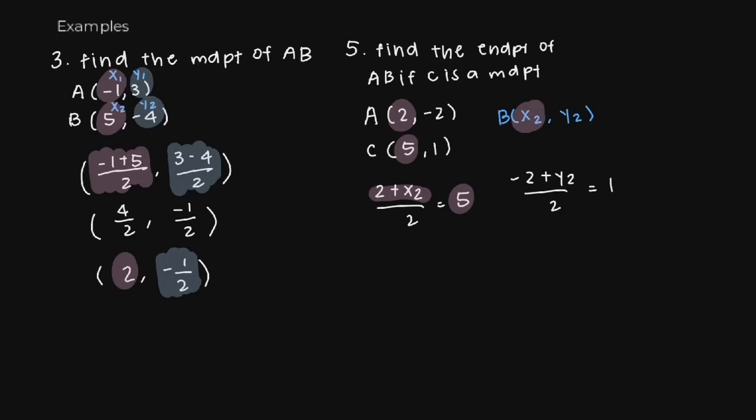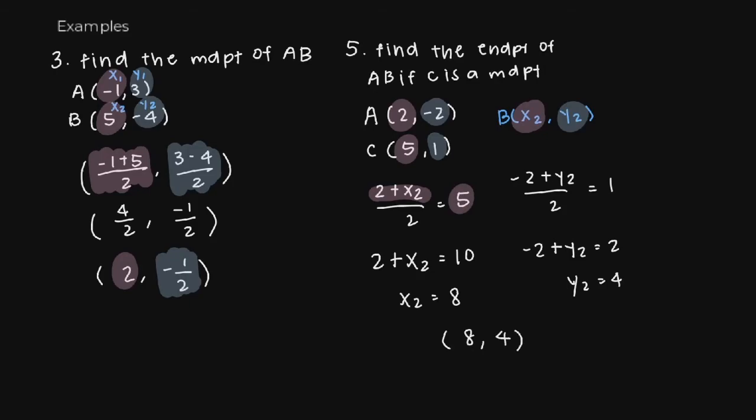So that's because we have y1 plus y2 over 2, and that'll give us the midpoint. So now to solve, we'll get 2 plus x2 equals 10, so x2 equals 8. And for the y, we'll get negative 2 plus y2 equals 2, and y2 equals 4. So the coordinates would be 8, 4.